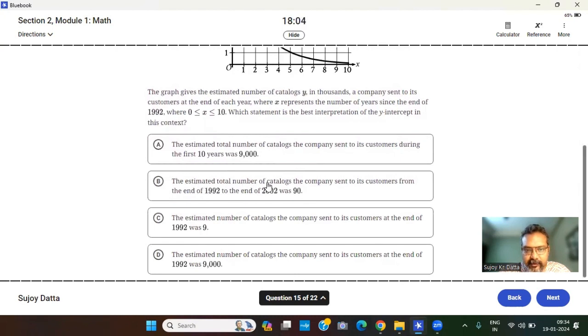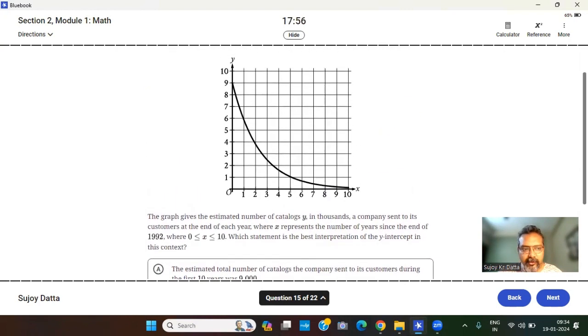Next, it's saying the estimated total number of catalogs sent from the end of 92 to the end of 2002 was 90. So let us first jot down what the years are. So this is 92, 93, 94, 95, 96, 99, then 2000, then 2001, 2002.